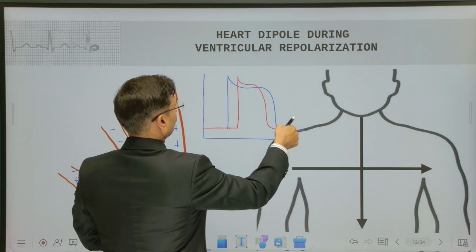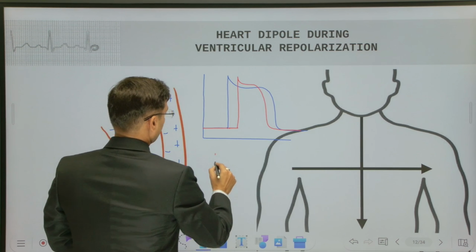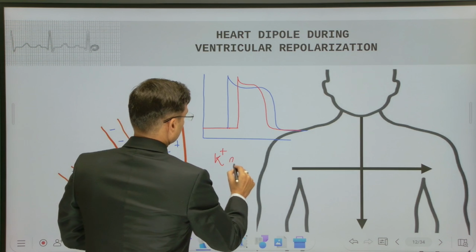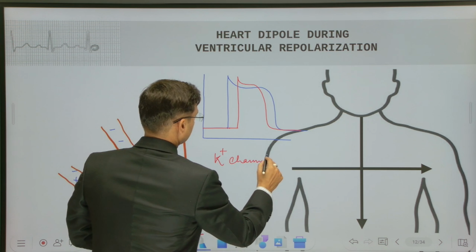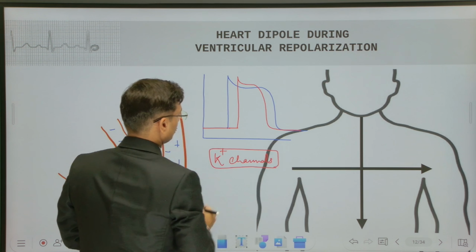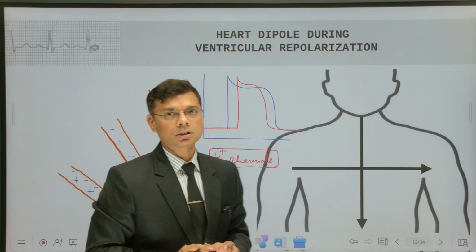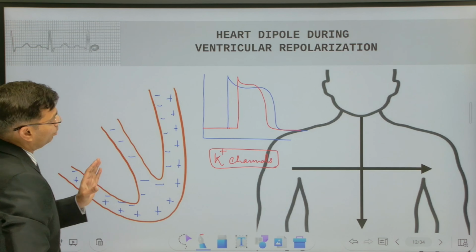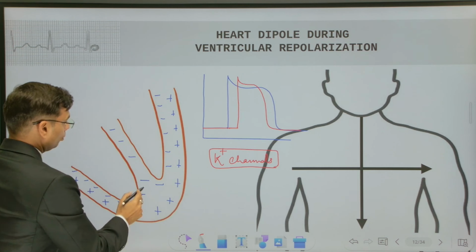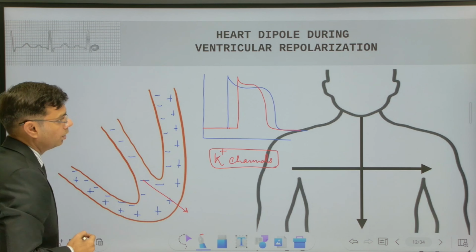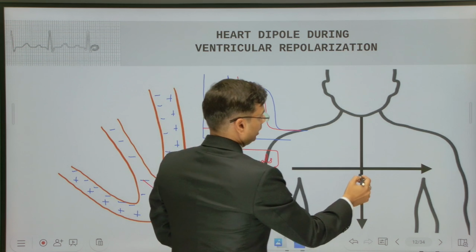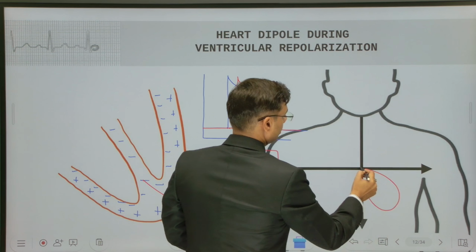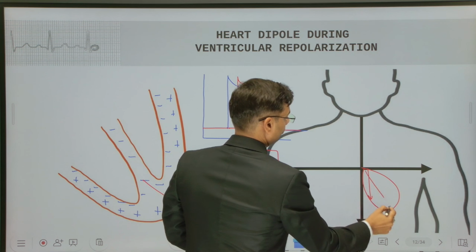And the shape of this cardiac potential is due to the potassium channels, some special type of potassium channels which have different gating kinetics. So this is the reason that the repolarization vector is also facing like this. So we can think this is a repolarization loop.